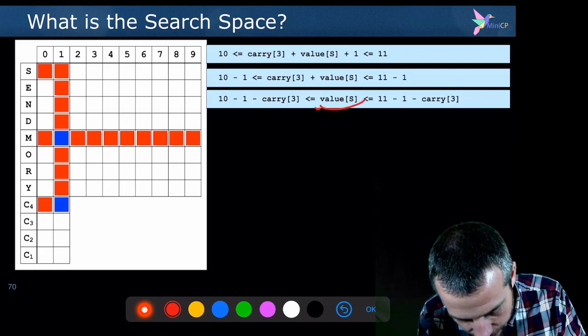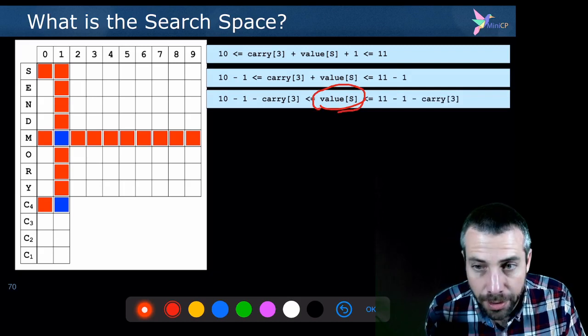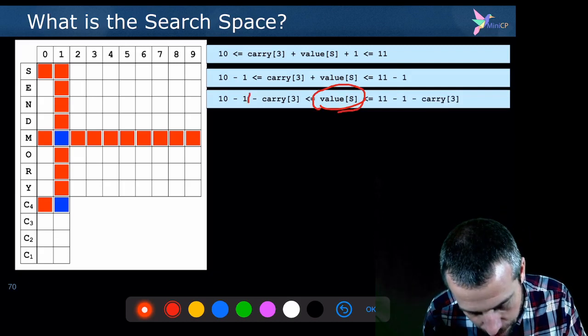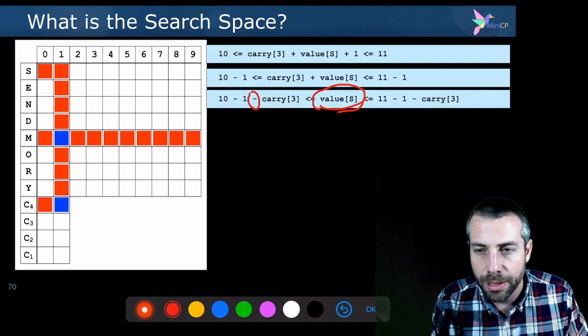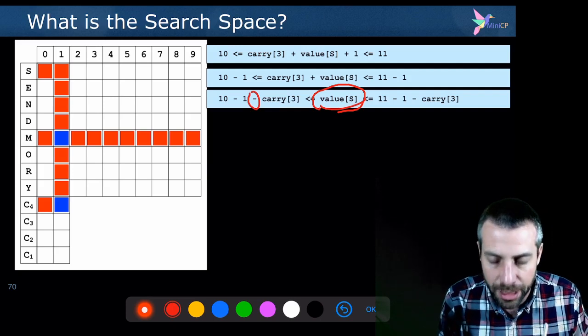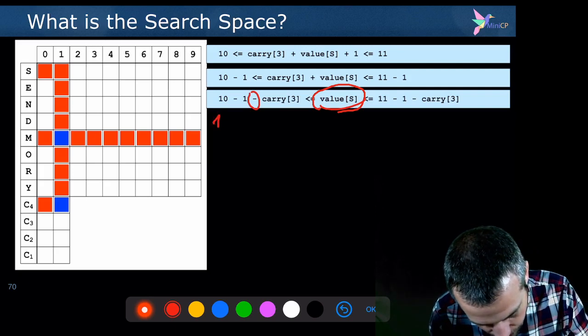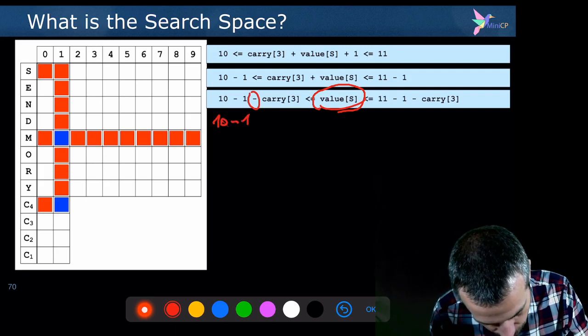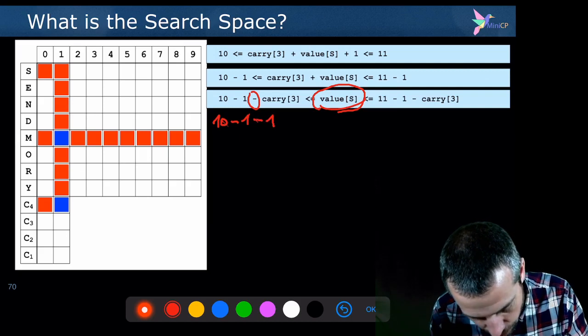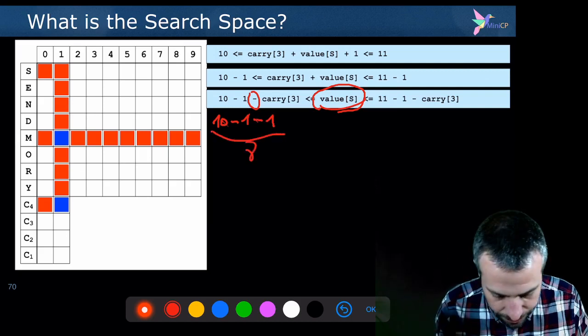What is the smallest possible value for value s? You've got here a minus, and since you have a minus, the lowest possible value should be found by taking the maximum of carry 3. And the maximum of carry 3 is 1, and so it's 10 minus 1 minus 1. And so the smallest possible value will be 8 here.